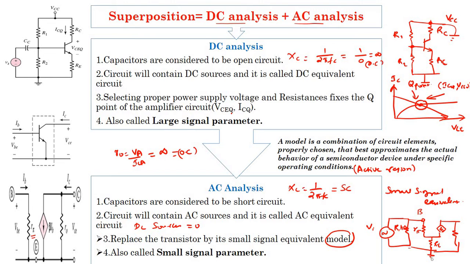In DC analysis you will get DC quantities. For AC analysis you will have to follow this procedure. When we consider AC analysis, the load line will have a different slope. The slope depends upon the load resistance.